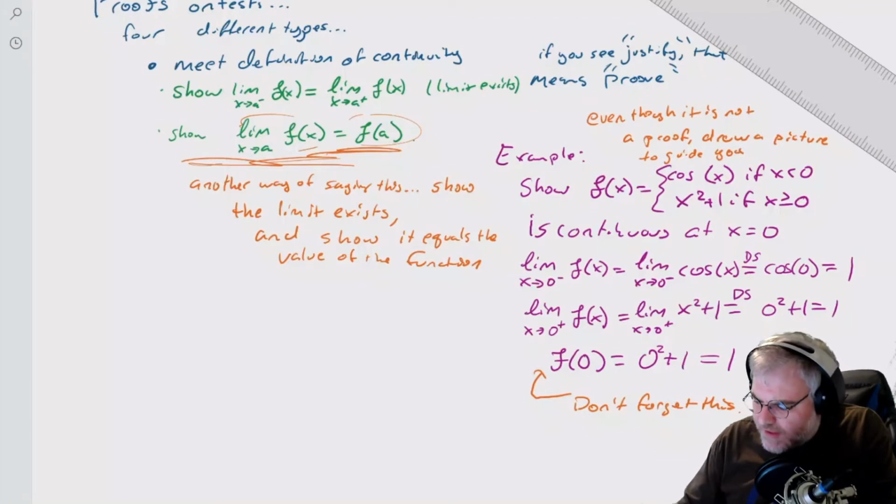Like if I was doing this one here, what would I do? I'd do x squared plus 1 is like here, and I'm going positive. That's kind of like this. Cosine's going to look something like this, and cosine of 0 is here, so it's going to look something like this. That's not big enough.